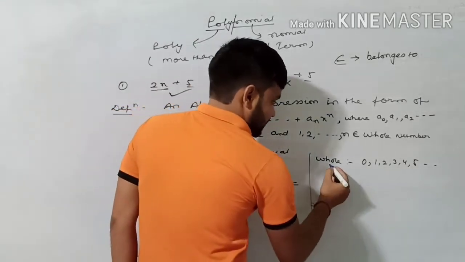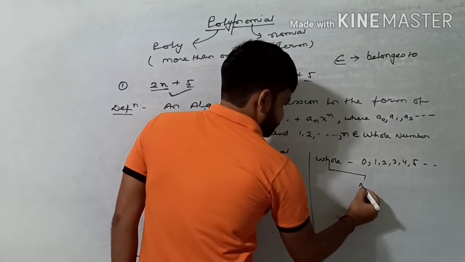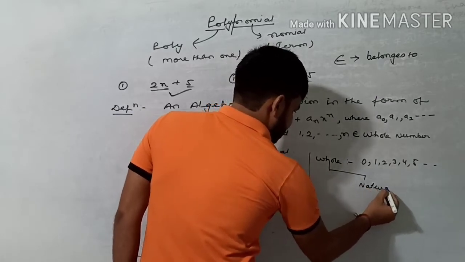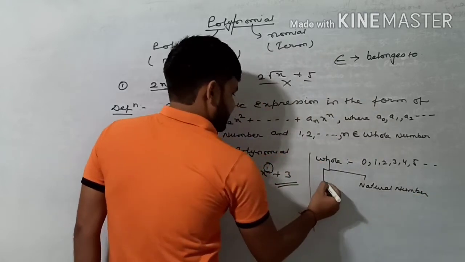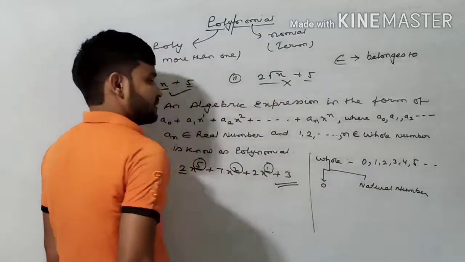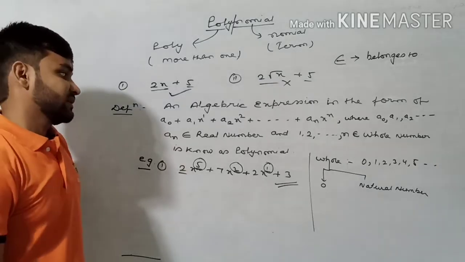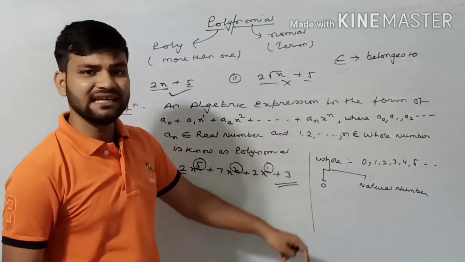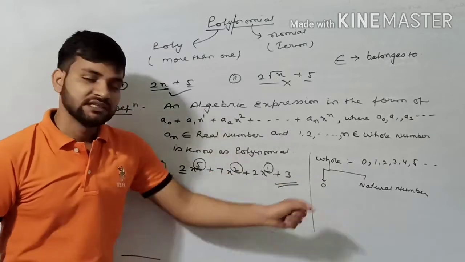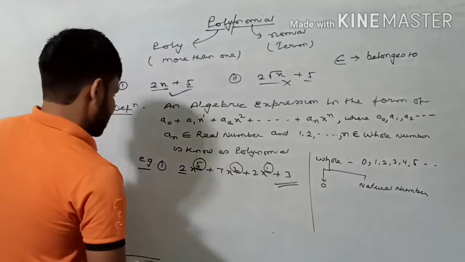That means natural numbers and 0 combined are known as whole numbers. 0 is the smallest whole number, and one thing to remember: 0 is neither positive nor negative.